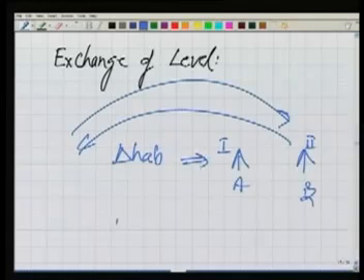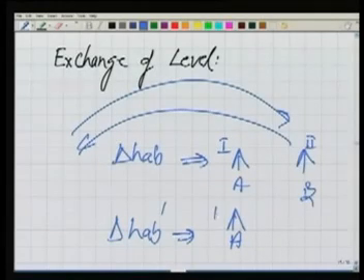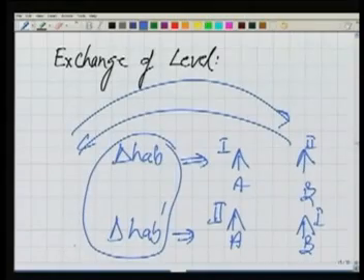We find again delta HAB dash for the condition that at A the level is now the second one, we are exchanging them, and at B the level is now 1, and we find the average of these two values. So this is how we can eliminate the error which may occur because of the non-parallelism of these two levels. This method of leveling across a wide river or ravine is the reciprocal leveling.